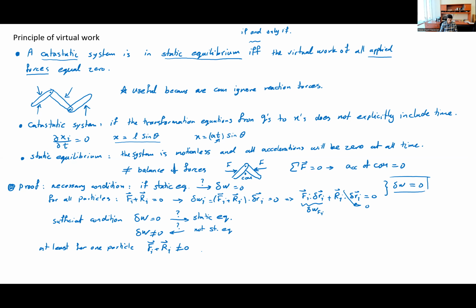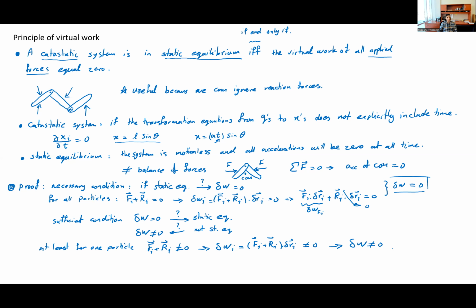So we can then write there is going to be at least some direction of virtual displacement consistent with the constraints of the system, such that this delta Wi, which is (Fi plus Ri) dot delta Ri, this is a dot product, is not 0. And from here, we can say this one shouldn't be 0 either. So that is the proof of the principle of virtual work.